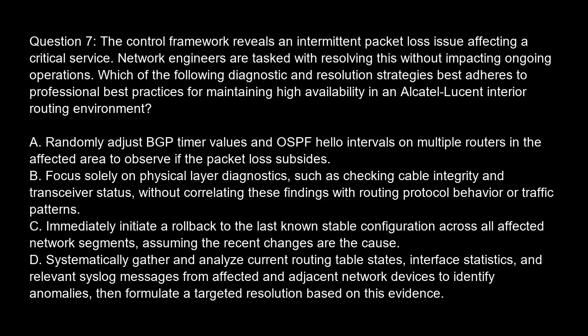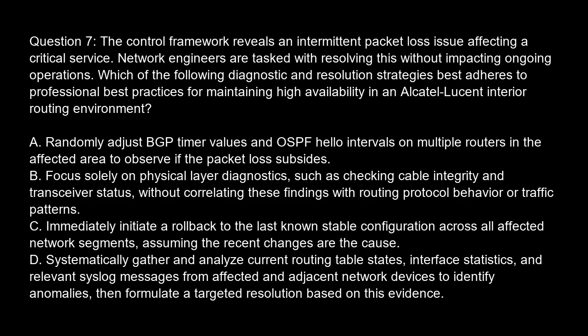Option A. Randomly adjust BGP timer values and OSPF hello intervals on multiple routers in the affected area to observe if the packet loss subsides. Option B. Focus solely on physical layer diagnostics, such as checking cable integrity and transceiver status, without correlating these findings with routing protocol behavior or traffic patterns.